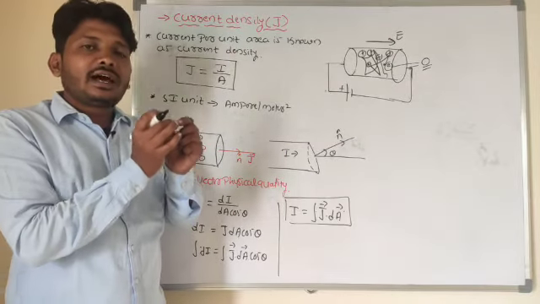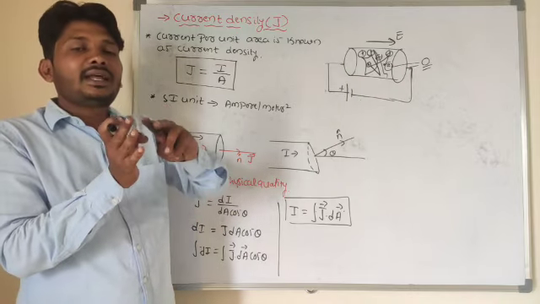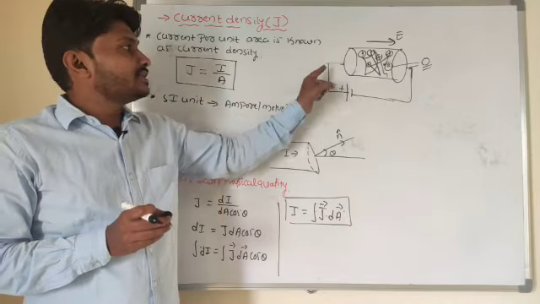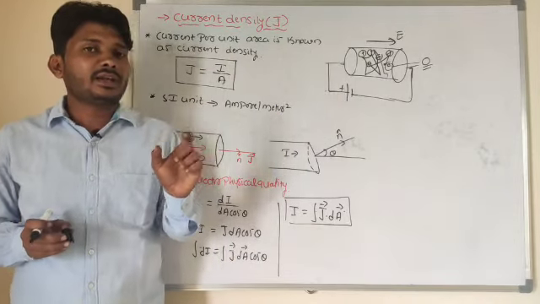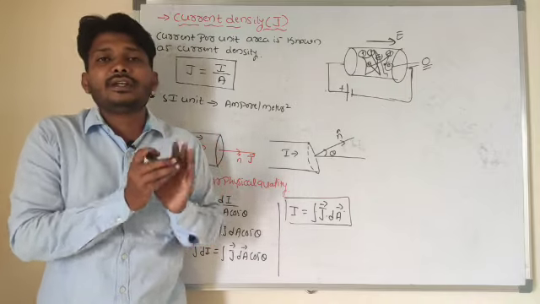The average velocity of the free electrons when the conductor is placed in an external electric field, that velocity we can call a drift velocity. So I want to understand the meaning of drift velocity of the free electrons.